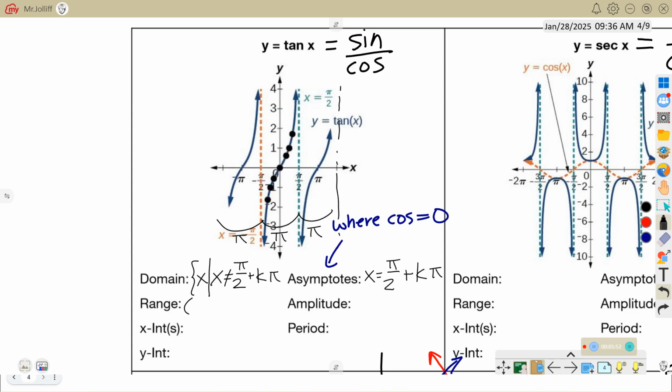So the range is nice and easy. I can see it goes to negative infinity on the bottom, positive infinity on the top. So this guy is minus infinity to plus infinity. That one's not so scary. I don't know why my infinities are crooked today. I'm sorry.